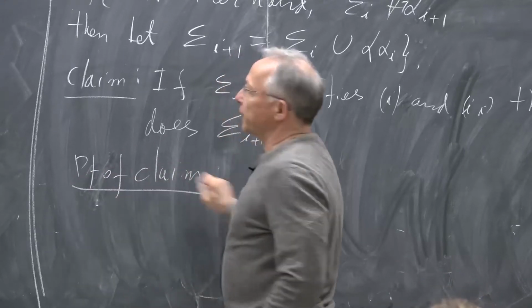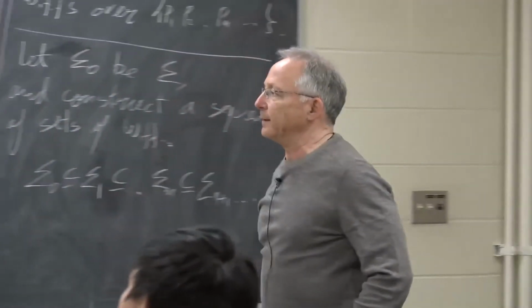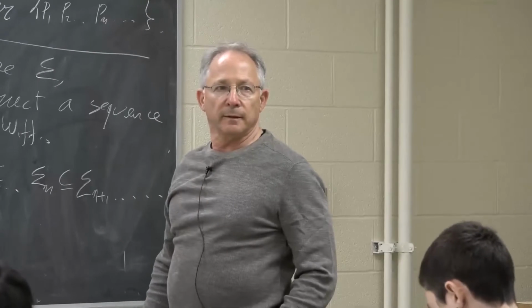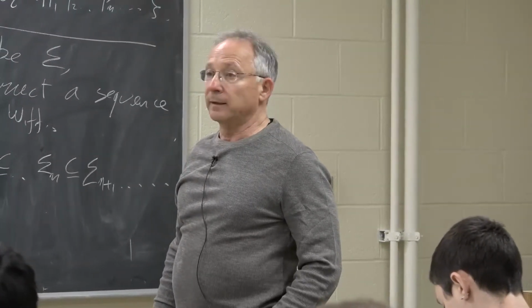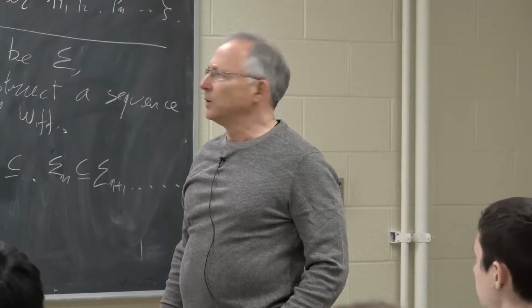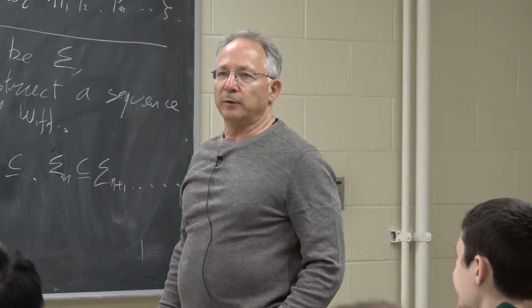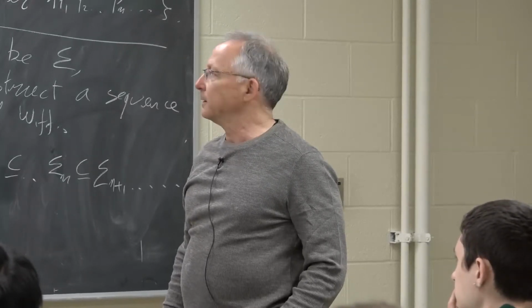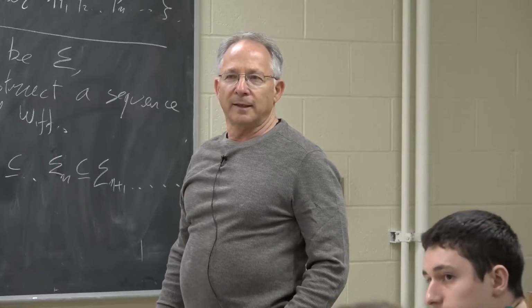Which of the two requirements follows trivially from the way I define sigma I plus 1? Number 1. Why is it consistent? Because you added alpha I plus 1 here. Why didn't adding alpha I plus 1 kill the consistency?